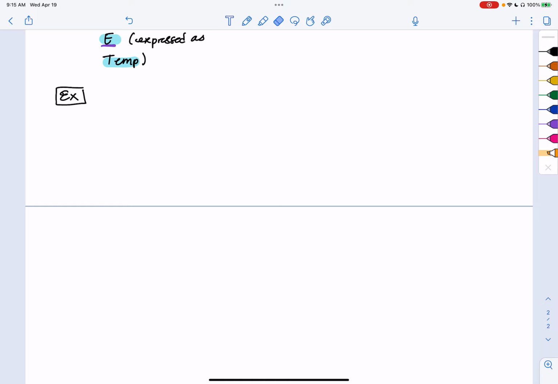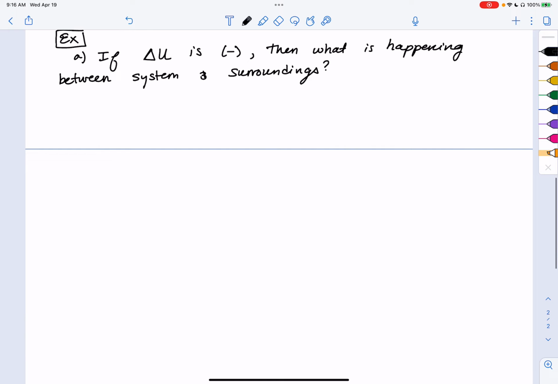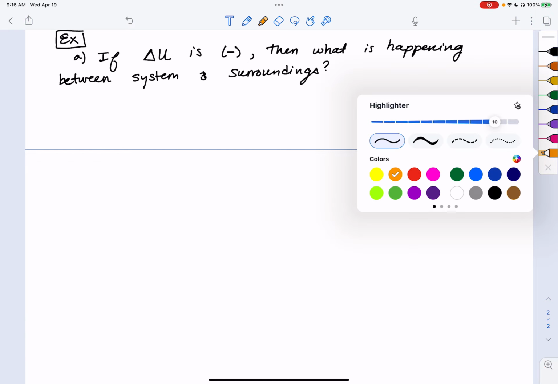So for example, let's do A. If the change in the total internal energy of some chemical system is negative, then what is happening between our chemical system and our surroundings?